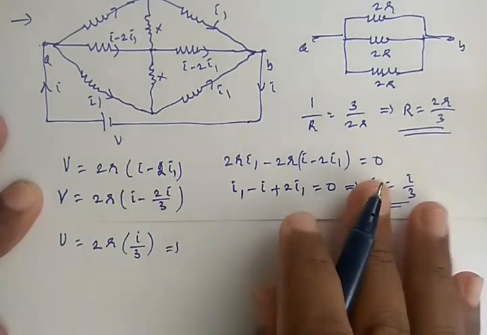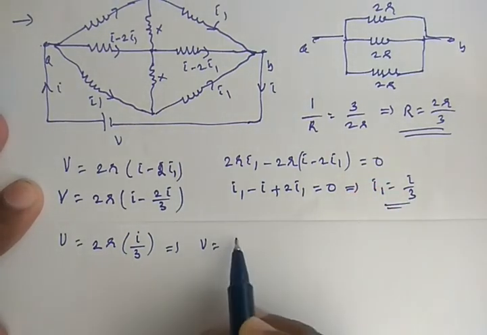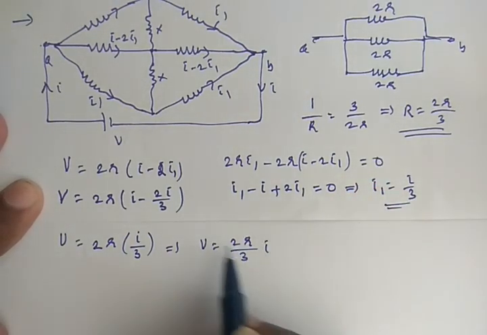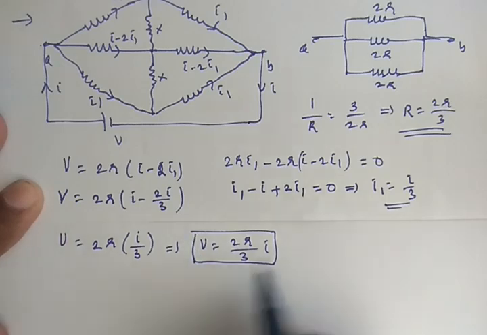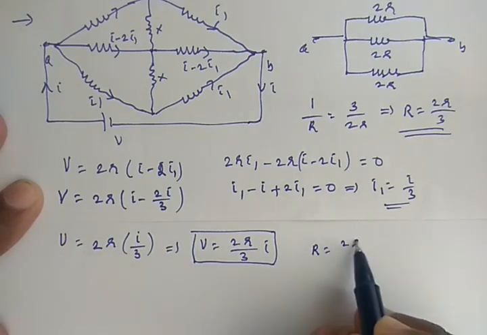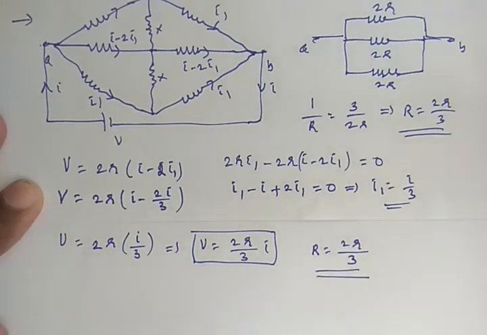That implies V equals 2R by 3 I. So if you compare this equation with the general equation, you can write R equals 2R by 3. So this is the answer for this question. This is the answer you will get when you take the general process.